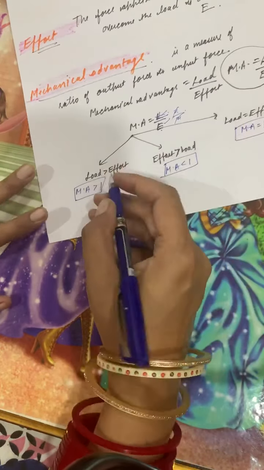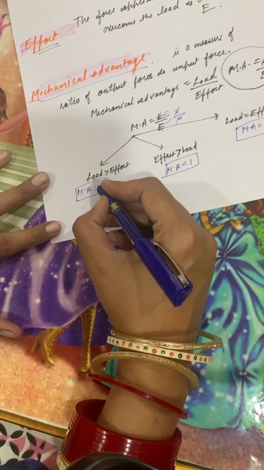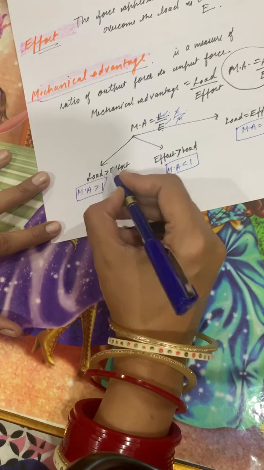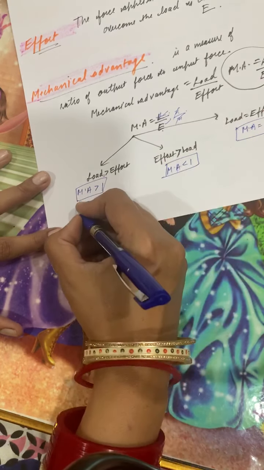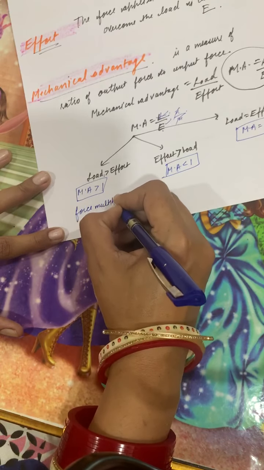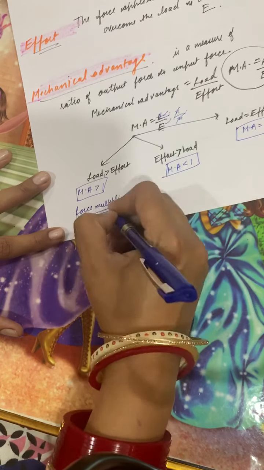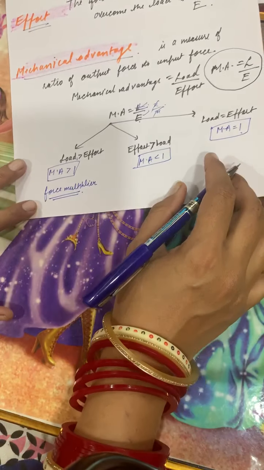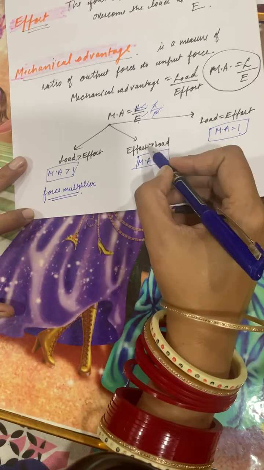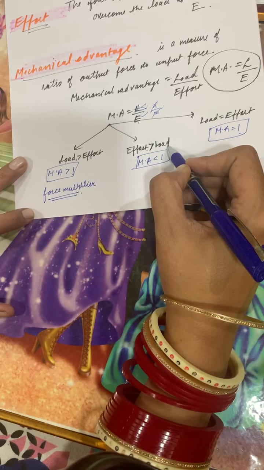Very simple. When we are lifting a heavy load, the load is heavy and effort is less, and such machines act as force multiplier machines.